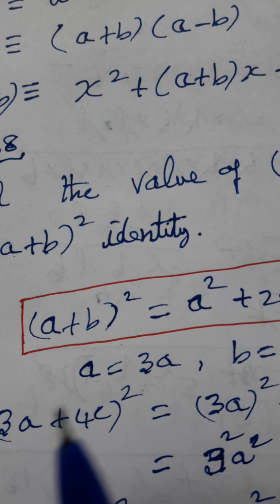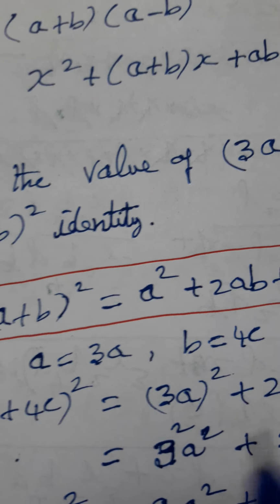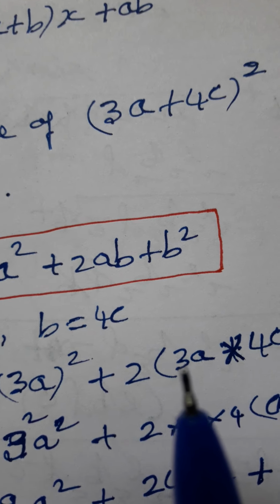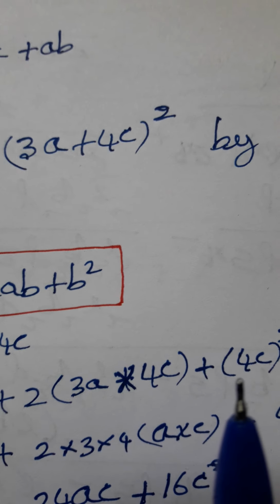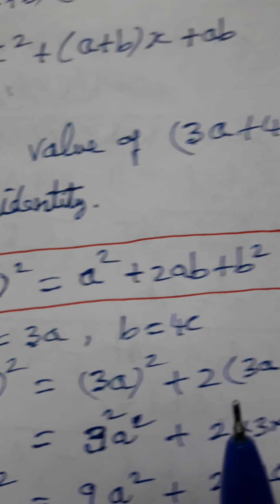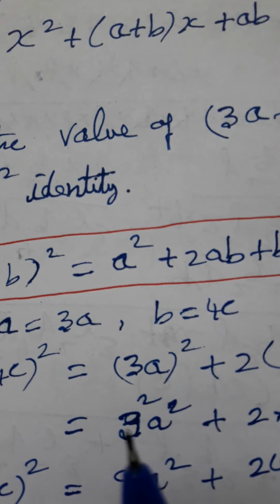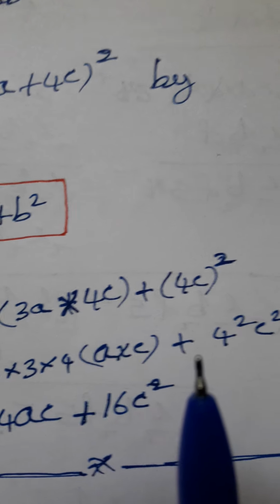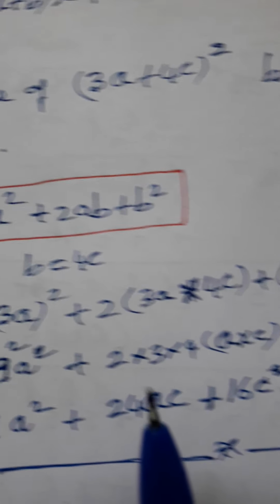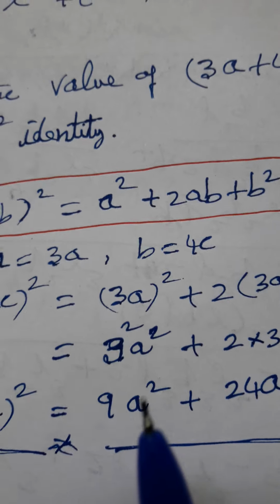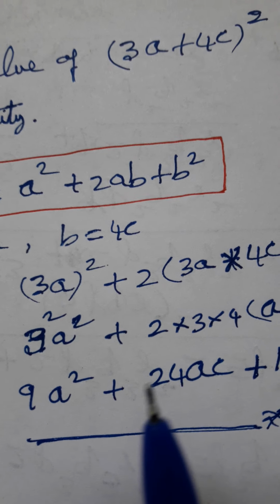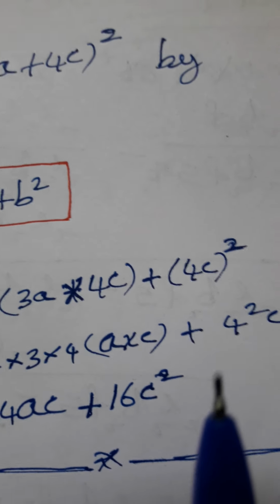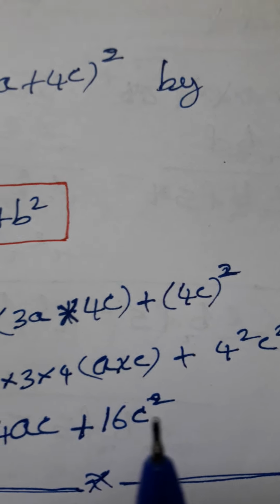Here a equals 3a and b equals 4c. Then a² is (3a)², plus 2ab is 2 into 3a into 4c, plus b² is (4c)². Then 3² into a², plus 2 into 3 into 4 into ac, plus 4² c². So 3² is 9 a², plus 2 into 3 into 4 is 24 ac, plus 4² is 16 c².